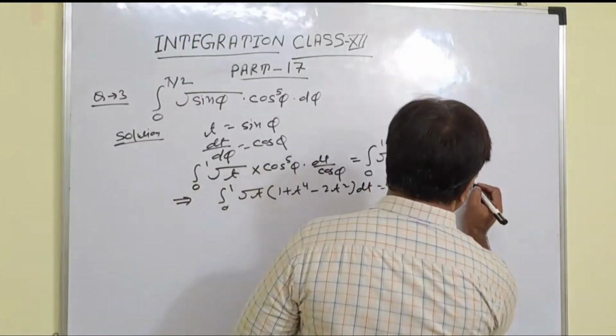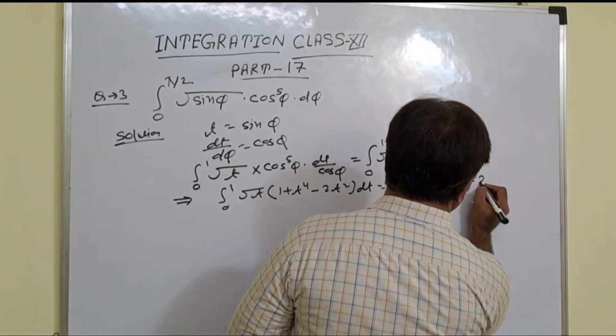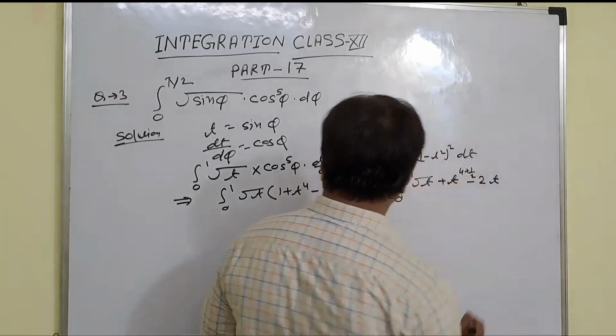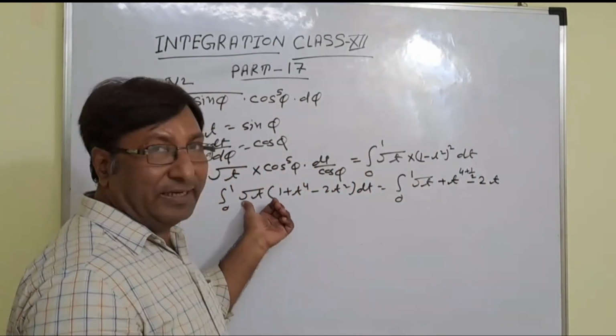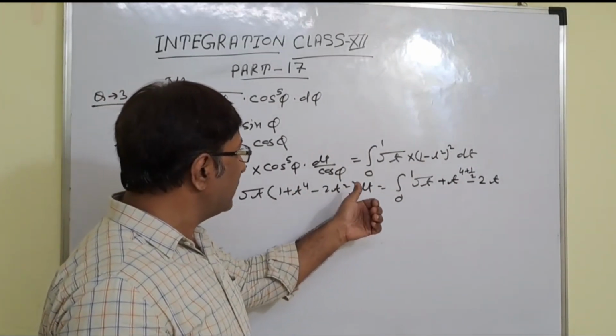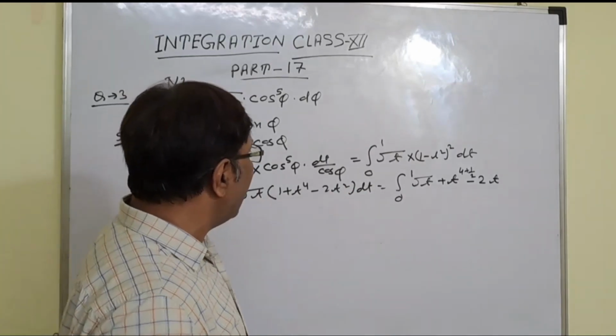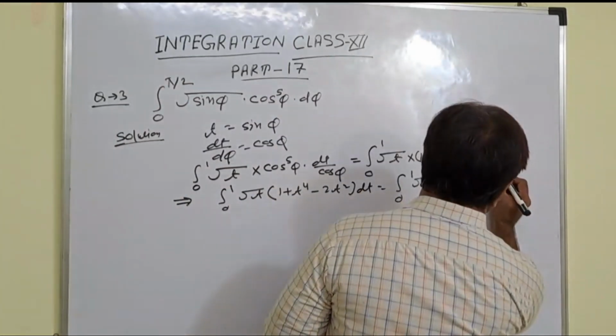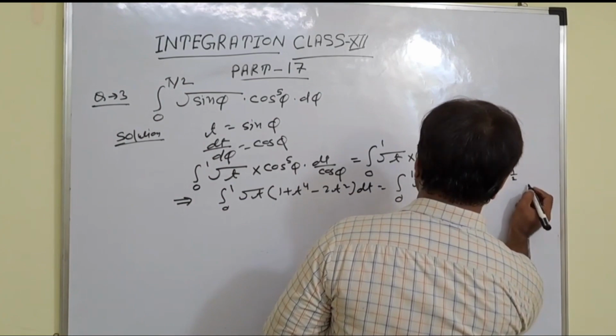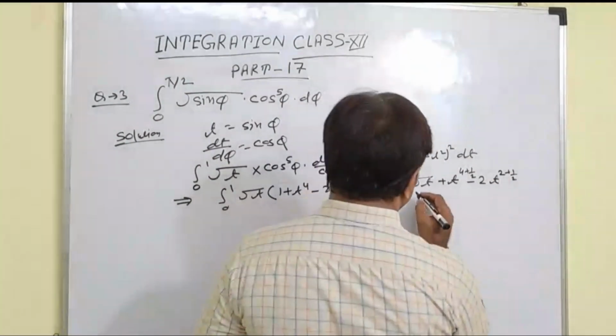In the same way here minus, this is root t into minus 2t square, so power 2 and here power half, so we write 2 plus half, right? And this is dt.